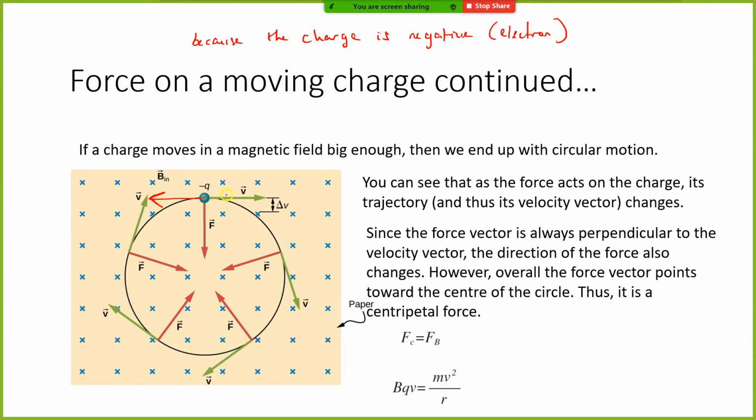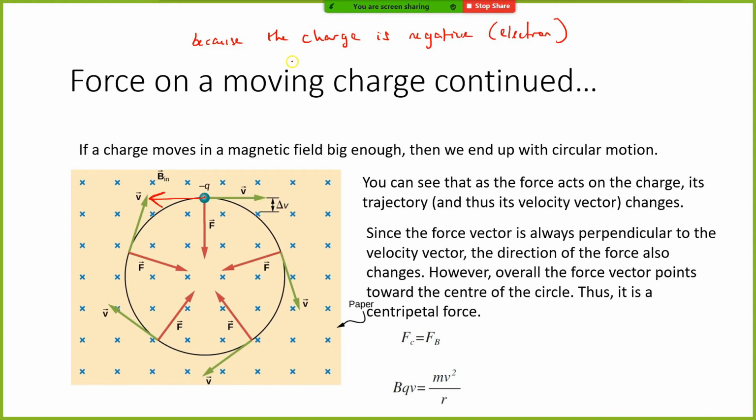So it's no longer going towards the right, but it is now going towards the left because we're using an electron. An electron is opposite of a positive charge. So because the charge is negative, it is going to behave opposite to that of the positive charge.